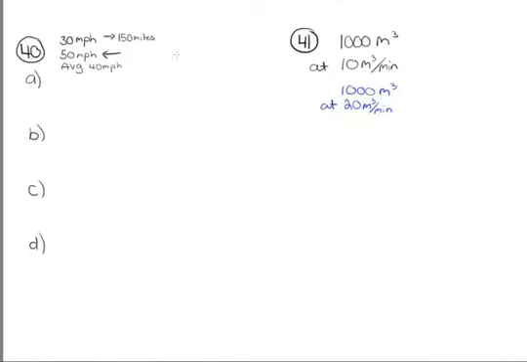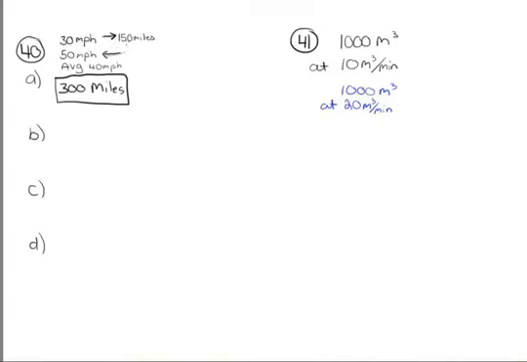So he went 150 miles there, and then he went 150 miles back. So it sounds like he went 300 total miles. Part B, how long did it take? Well, we went 150 miles and we averaged 30 miles per hour.